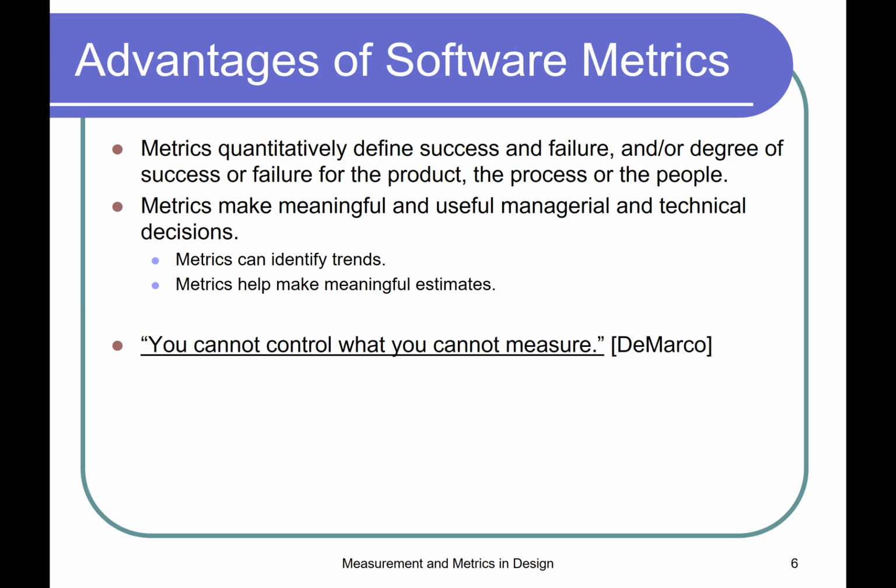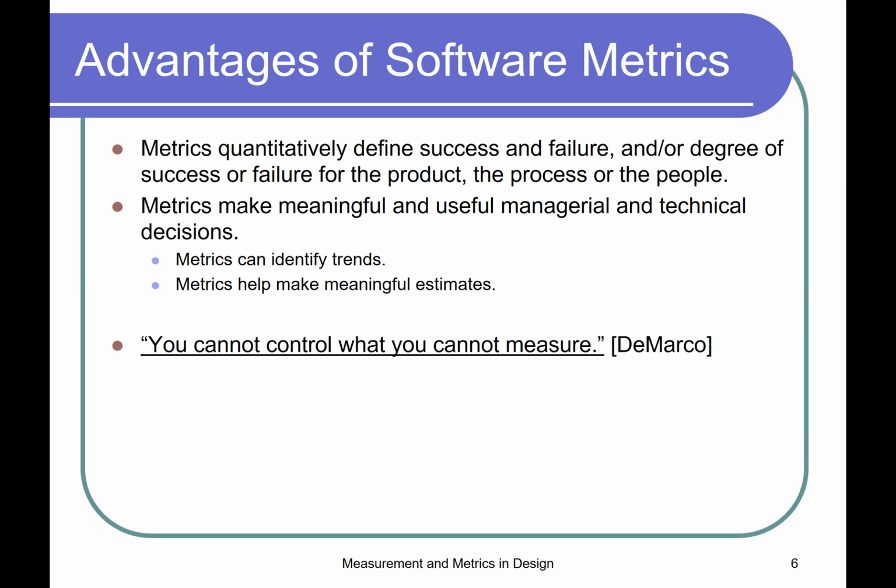Not just success or failure, but even the degree of success or failure. So did we just pass or not pass? This is one thing, but if we did pass, how well did we pass? Getting an A is different than getting a D. And the same applies again to the product, the process, and it says here the people, but it actually means the resources.